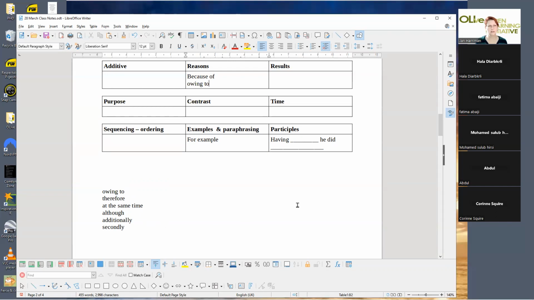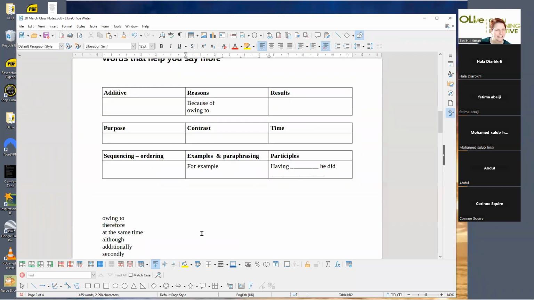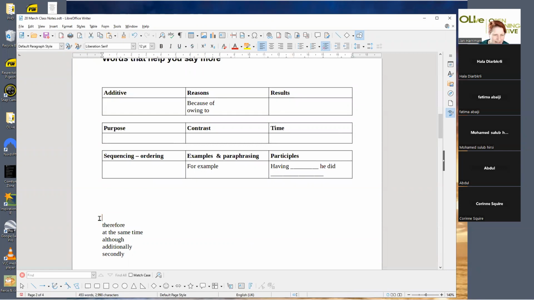An example of using that: Owing to the enormous investment required, they chose not to buy the boat. Which is easy because a boat is a hole in the water you throw money into. So here we've got owing to. Excellent.